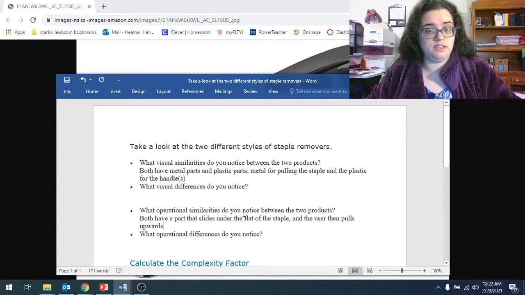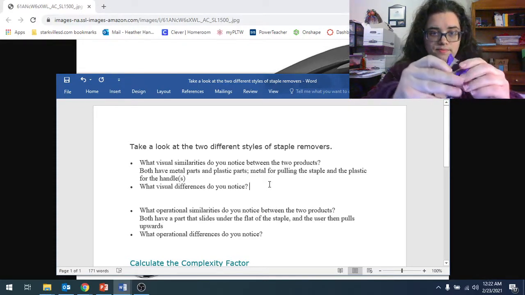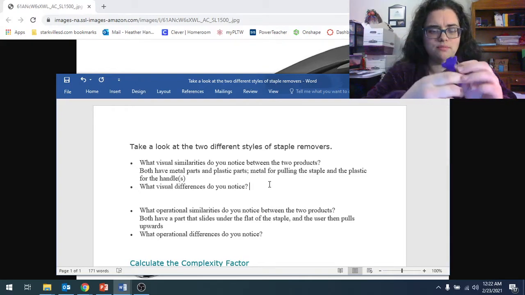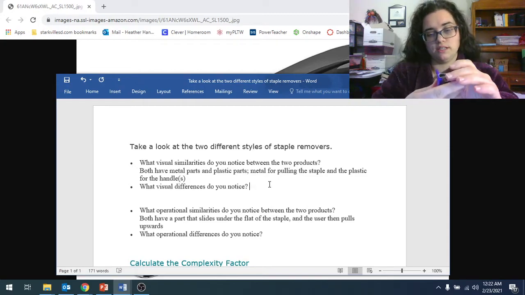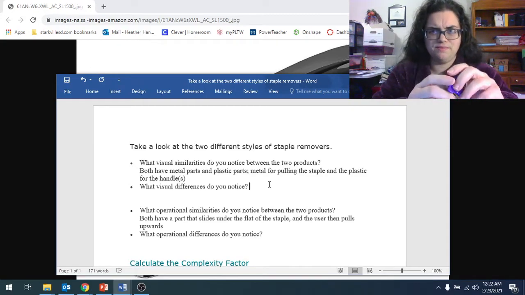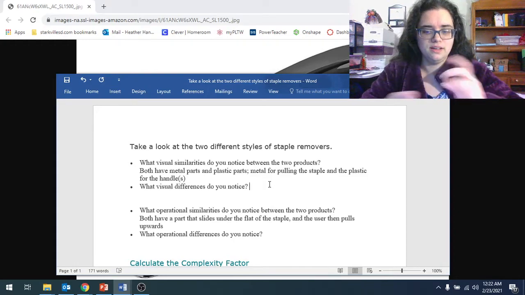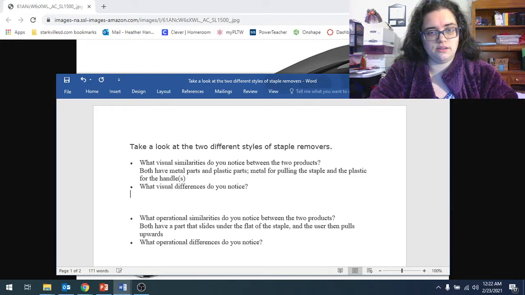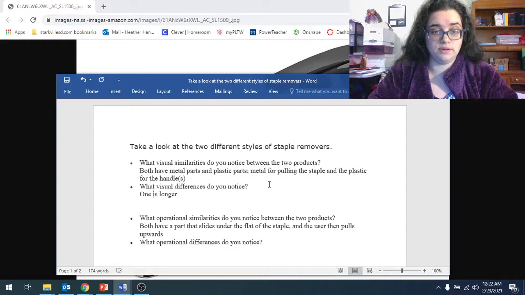Okay, how are they different? Visual differences. Well, this one is less sleek, perhaps, and it's got more symmetry. There are obviously functional things. The functional and visual are kind of wrapped up together for me when I think about it. Visual differences I notice are that the slide one is longer.